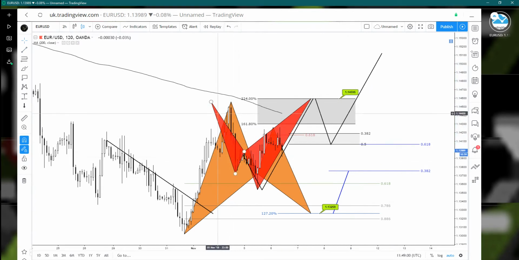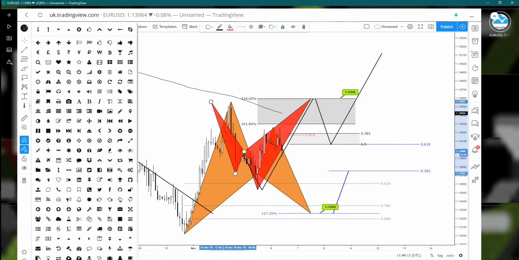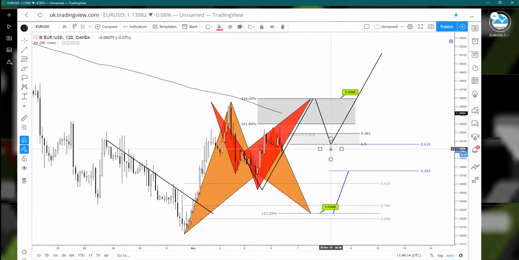Okay, so this shark pattern at 224 extension should search for the 50% retracement, and it should provide us an entry point at 50% retracement to buy this market.